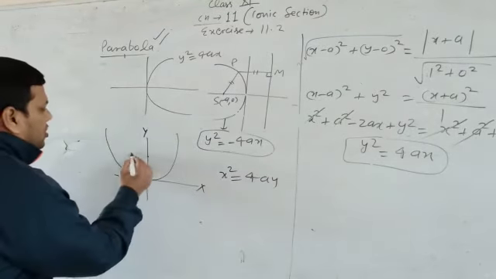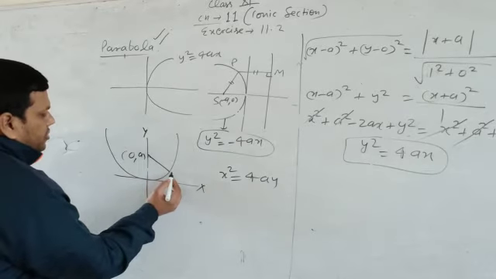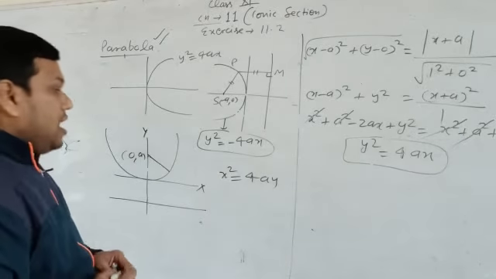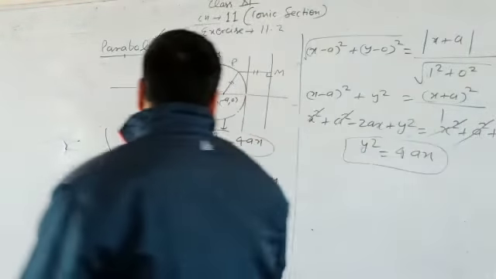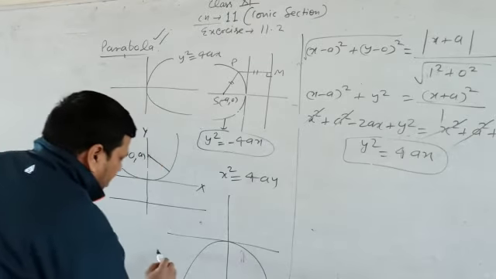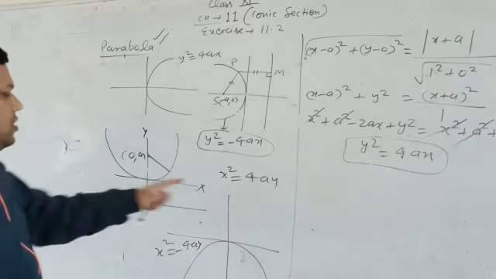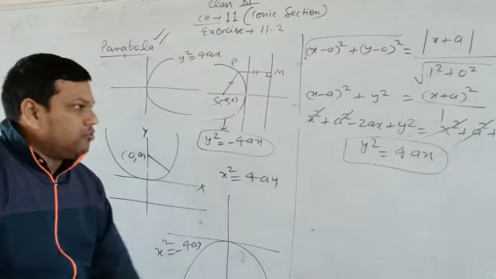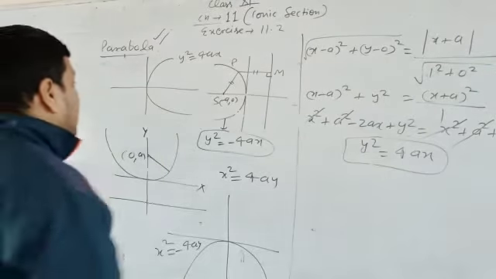Here also you can say 0, a, and this is the point, and this will be the line, the fixed line. Now you can understand what I am saying, that if it is in the downwards direction, it will be x square is equal to minus 4ay, means it is plus 4ay in the upward direction and minus 4ay in the downward direction. So you can have these 4 types of parabolas.